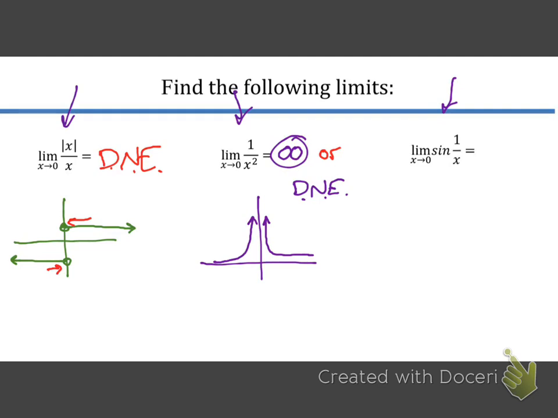This is an interesting function. I'm not going to scale this, by convenience is what I meant to say. This is really hard to see on a grapher. Online graphing like Desmos does a lot better, but we have the oscillation of the sine function. As we get closer and closer to 0, this thing goes back and forth harder and harder, and then eventually returns on the other side.